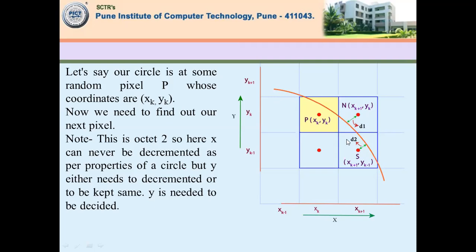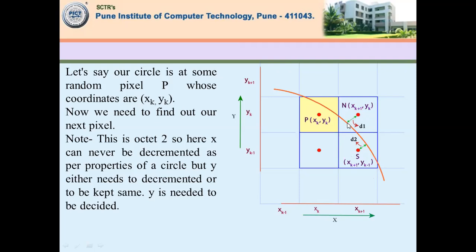So x is definitely going to increment all the time, because we are moving in a forward direction. What about the y value? If you observe, the y value is going to decrement, as per our coordinate system. So whether to plot the next pixel as the north pixel or the south pixel, that decision we are going to make over here.